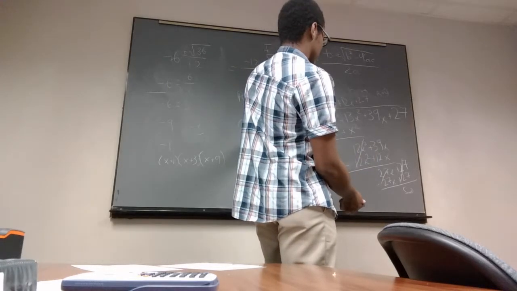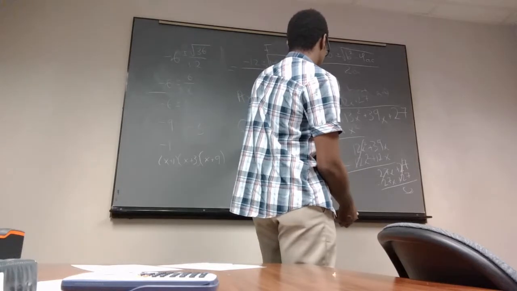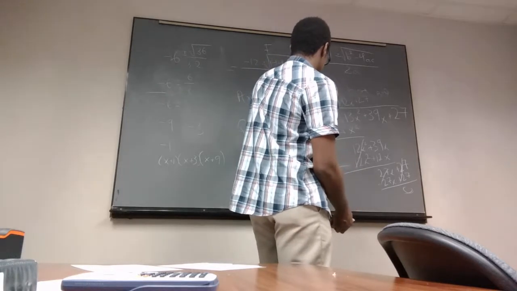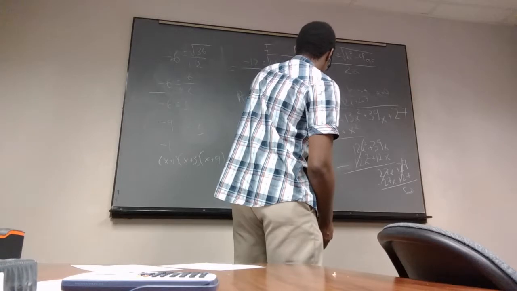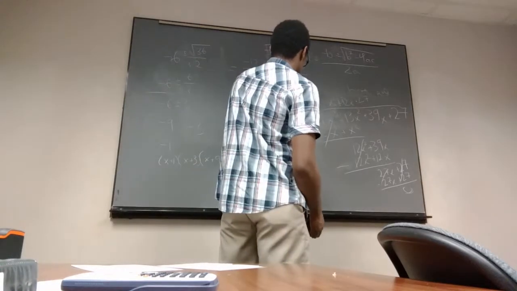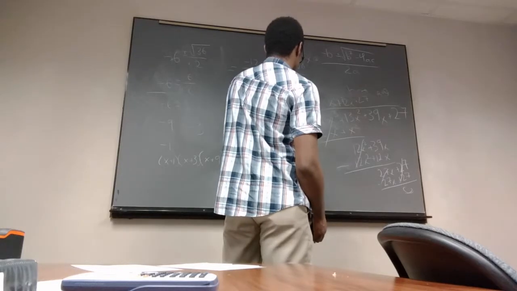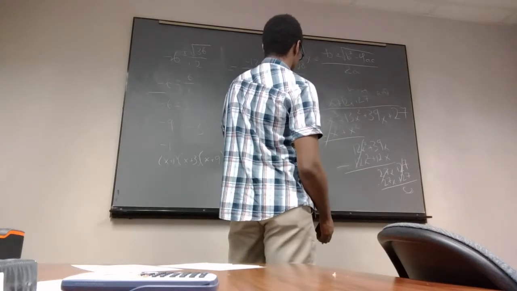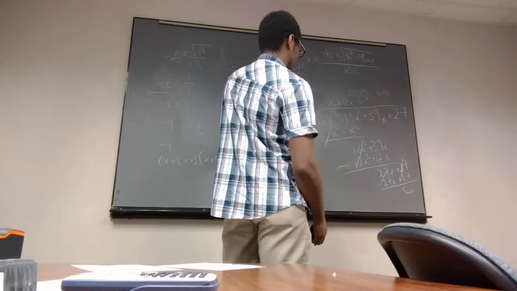Another root of this is also going to be a minus bi. I'd say r dash, because that's the conjugate.